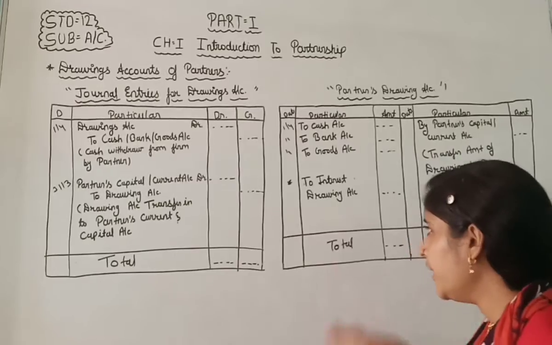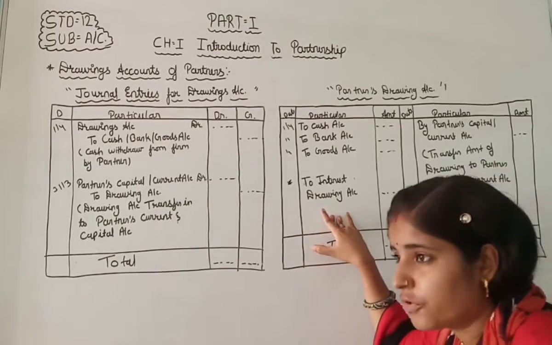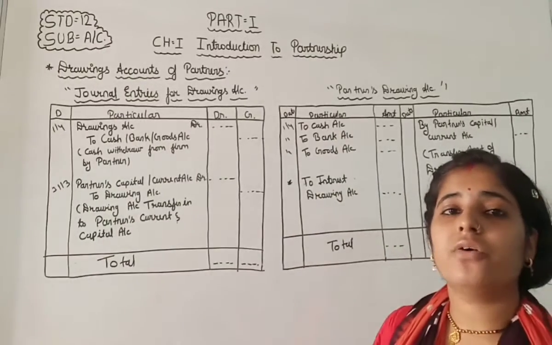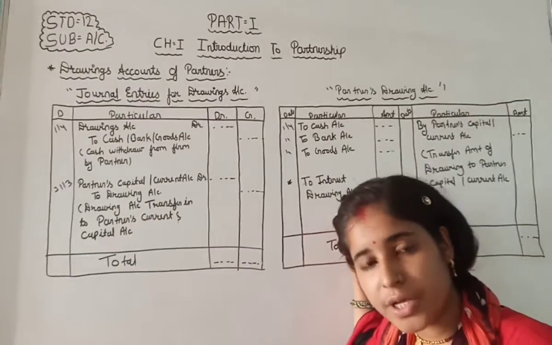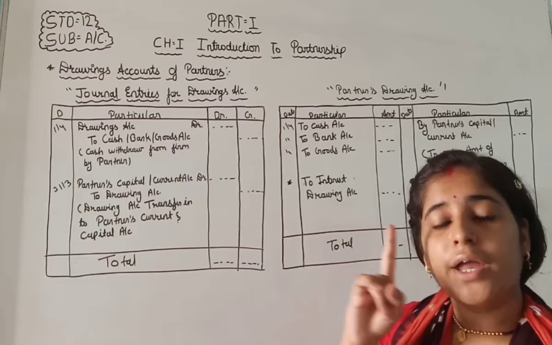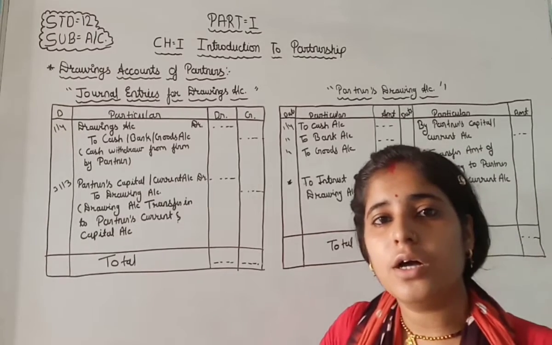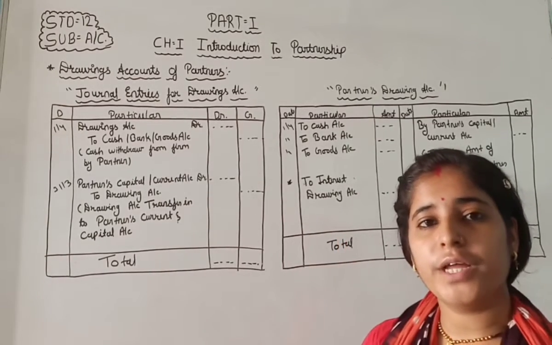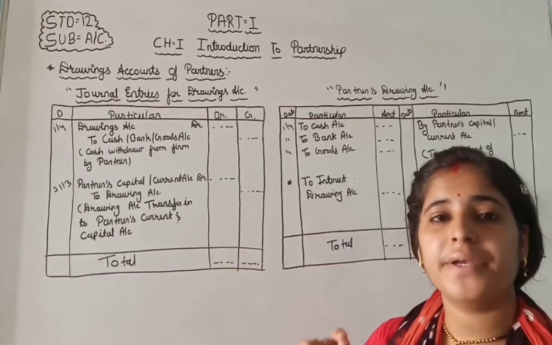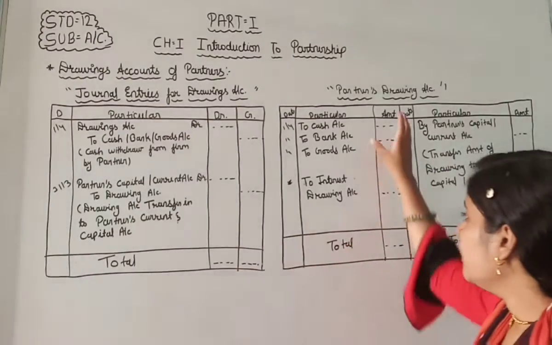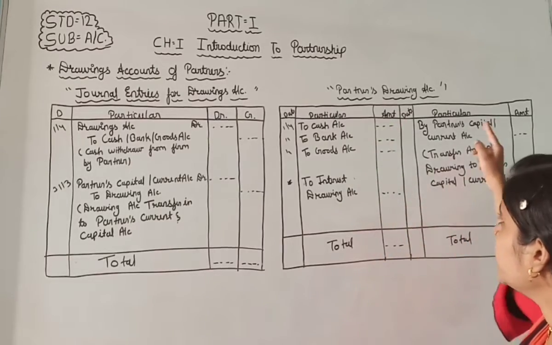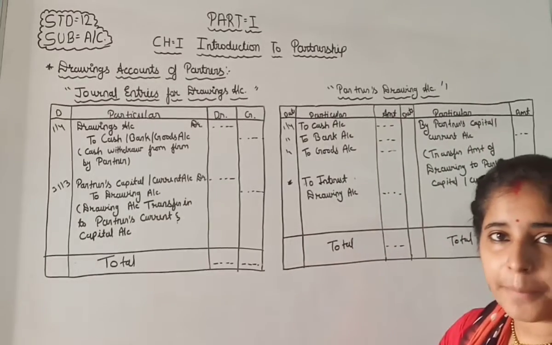And if you want to write interest on drawing on the debit side of the partners' drawing account, you cannot write it in the profit and loss or partners' capital and current account debit side, because it is merged and ultimately transferred into the partners' capital account.